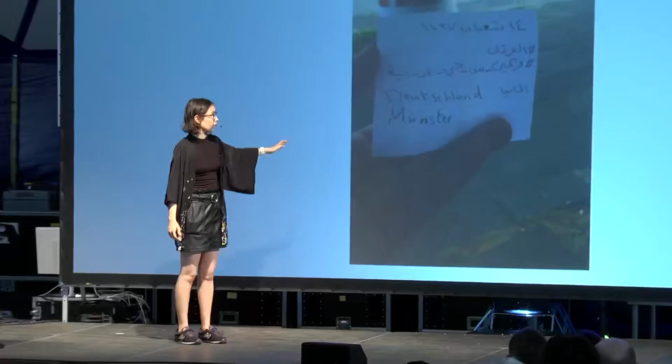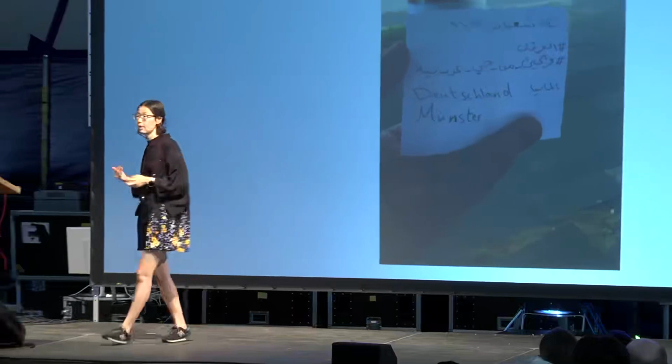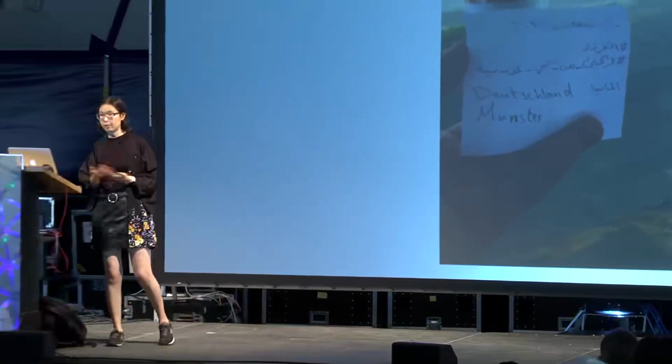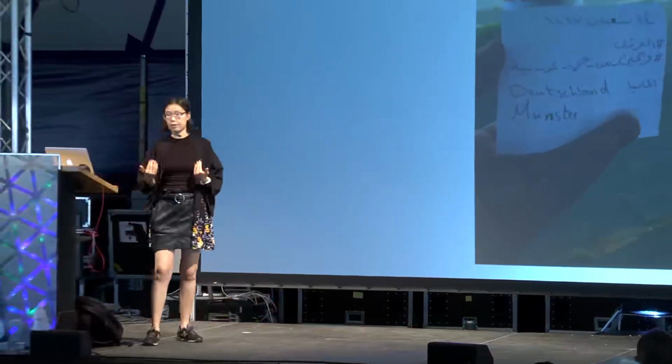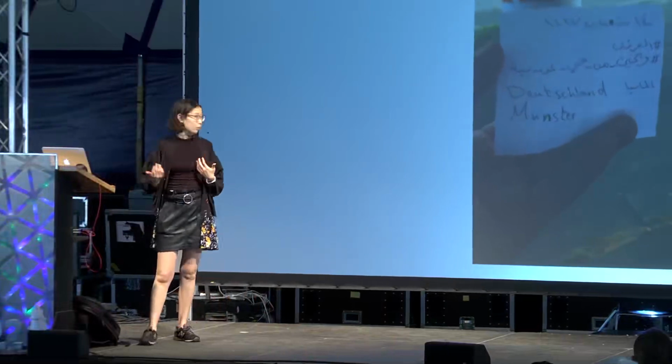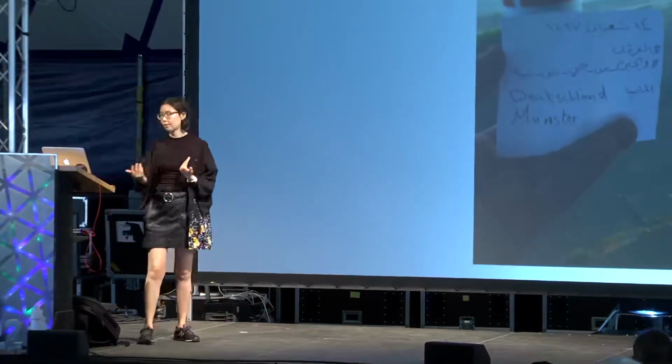So what you would find is this kind of photo posted on Twitter, and this one says ISIS supporter, Germany, Münster, okay? And lots of ISIS supporters would do that to spread fear that, again, these ISIS supporters are not somewhere far away, but here in their cities, okay?